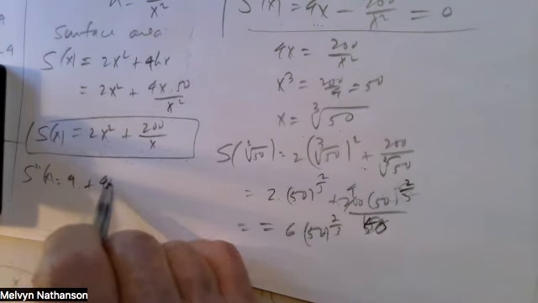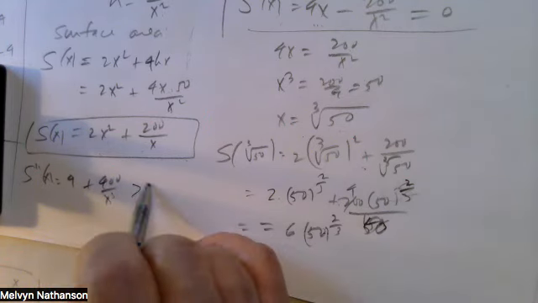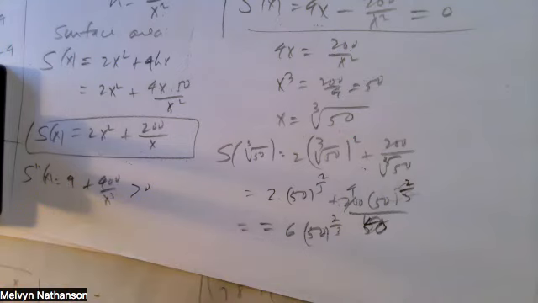So we get plus 400 over x cubed. And that's going to be positive for x greater than 0. So we have the first derivative is 0 and the second derivative is positive, which means that we have a minimum. And this has to be the absolute minimum.